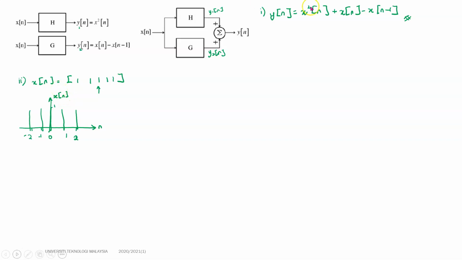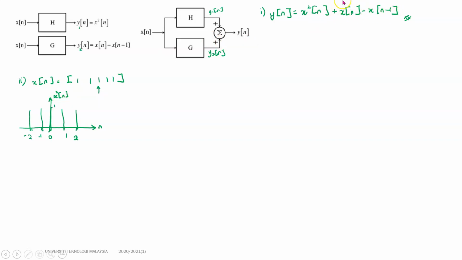First, x squared n. x squared n will be the same as xn, because the value here is 1. Unless it is 2, then you have to perform 2 squared, which is 4. But because all values of xn at all n are 1, we just have to put squared here.